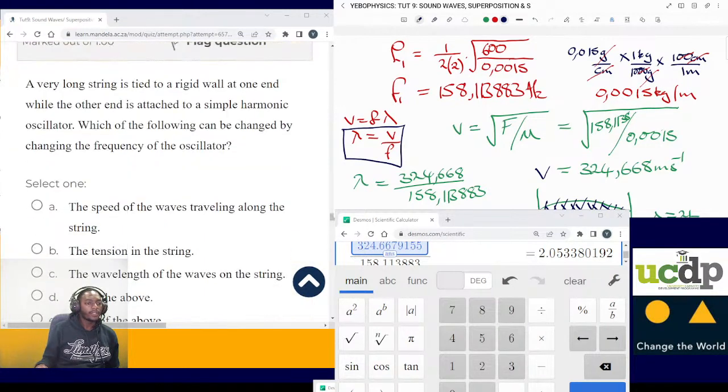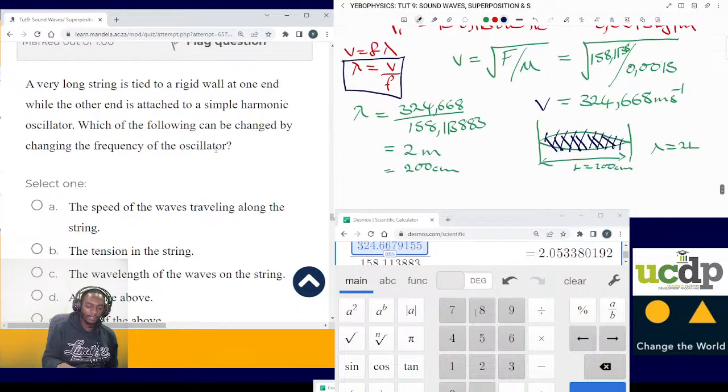Which is 28, right? A very long string is tied to a rigid wall at one end while the other is stretched to a simple harmonic oscillator. Which of the following can be changed by changing the frequency?